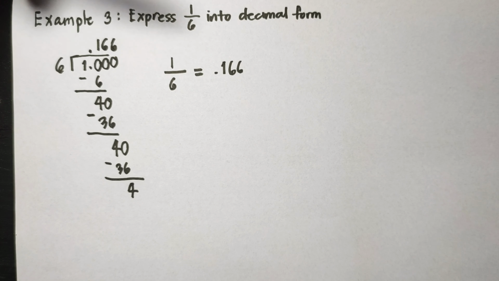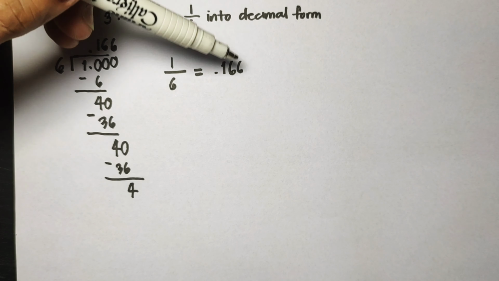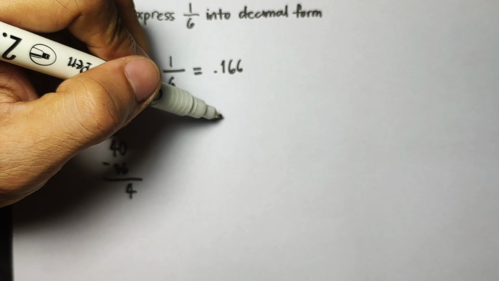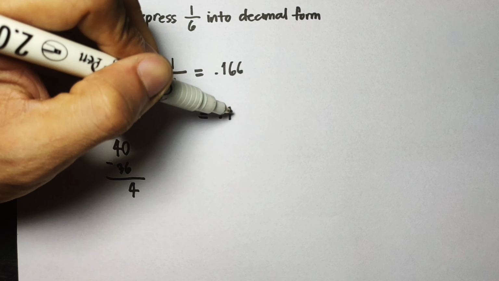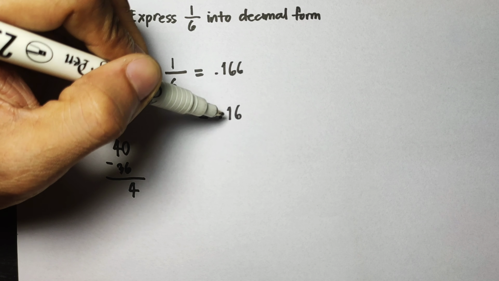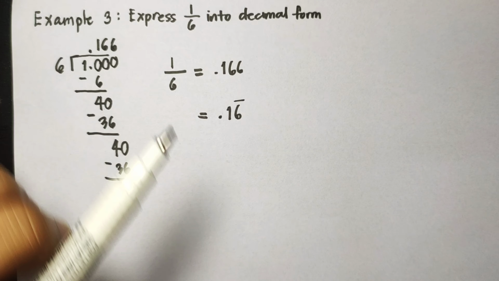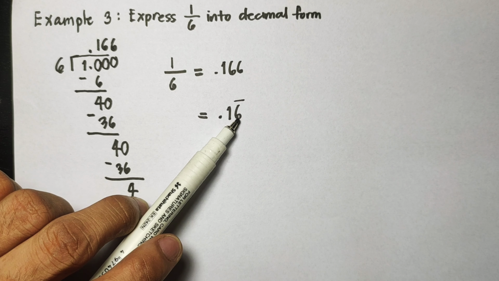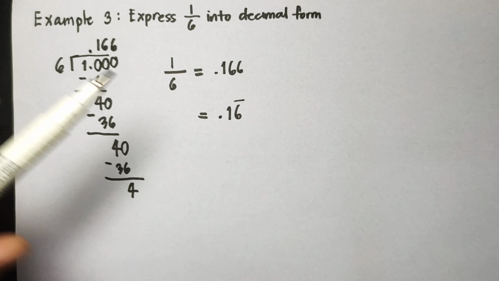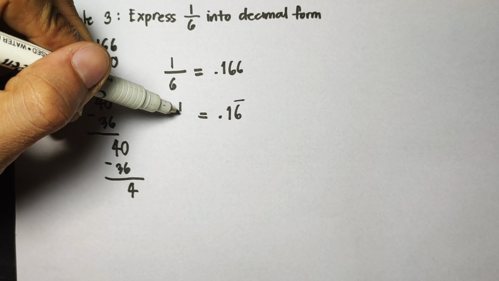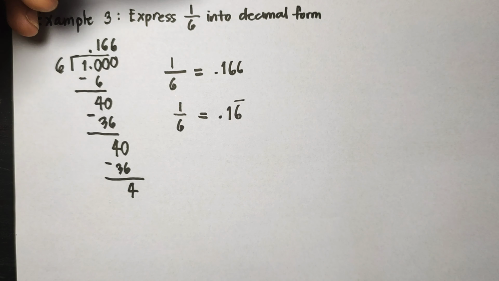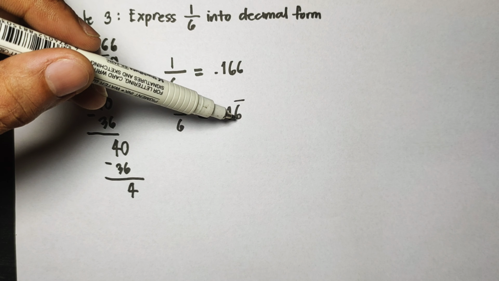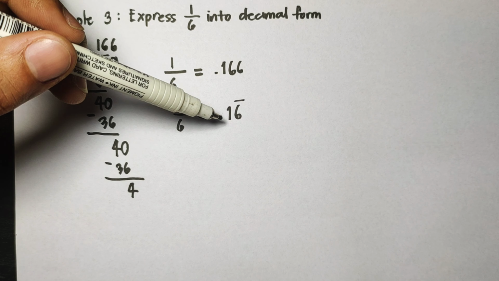Or, since the repeating digit here is 6, we can express it like this, 0.16 bar. The bar signifies that the digit 6 is repeating here. Okay? So, 1/6 is equal to 0.16 bar or 16 hundredths.